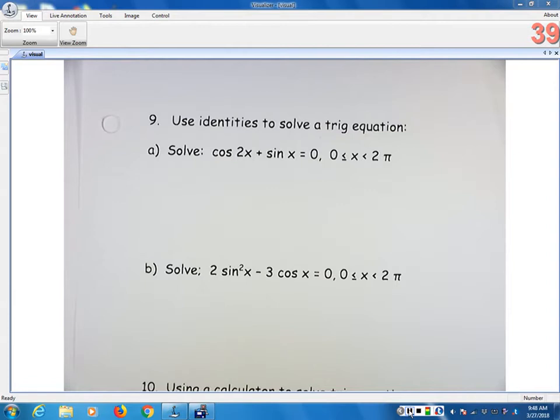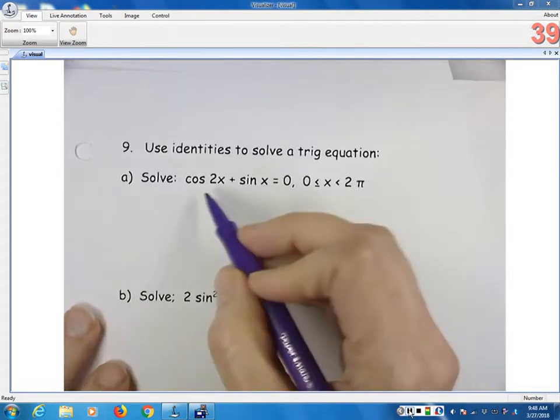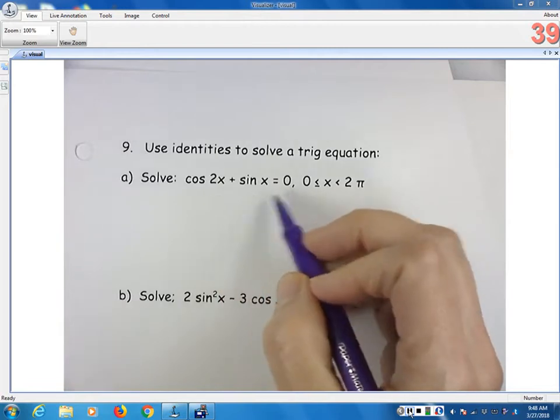Okay, so you can also use identities to solve a trig equation. Notice in this next one, it says cosine 2x plus sine x equals 0.